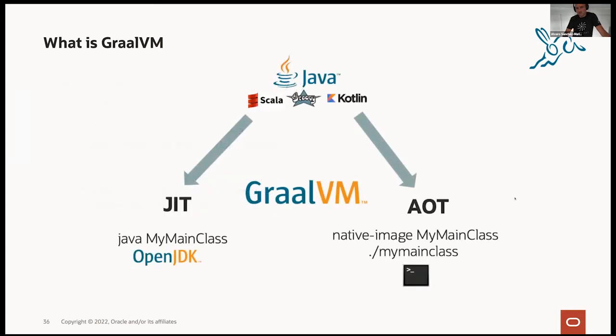So there are two paths you can take with GraalVM. One is to take an existing Java application and use GraalVM as a regular JDK to run it in JIT mode. GraalVM is actually an OpenJDK distribution, fully compatible. The other path is to use AOT instead of JIT and produce a native image, which is a binary for the operating system where you're running this.